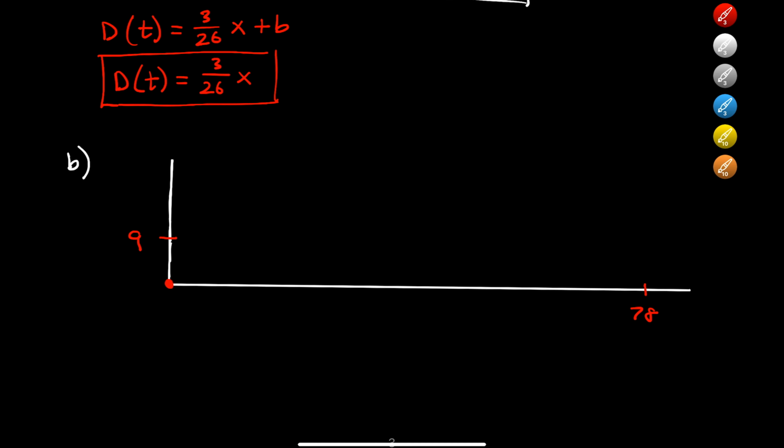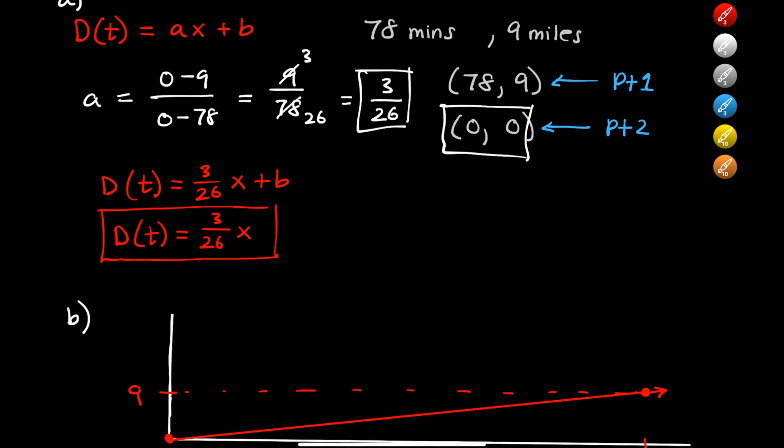So based on that, we can say the point is over here. Now we could draw a straight line that connects it like that. And that goes on like that. So this is our graph.